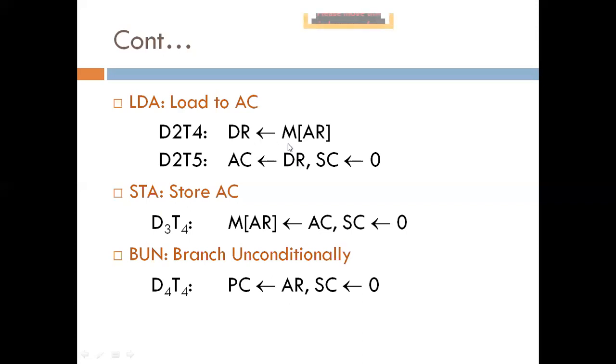So indirectly, the memory at AR is going to be copied into the accumulator. The next operation is exactly the reverse, store accumulator. The data of the accumulator is going to be stored at the particular address given in the memory.